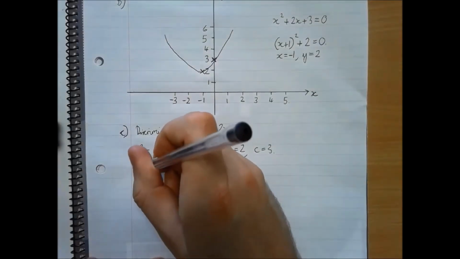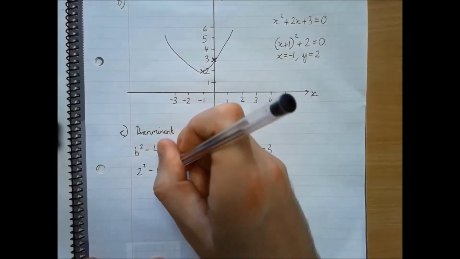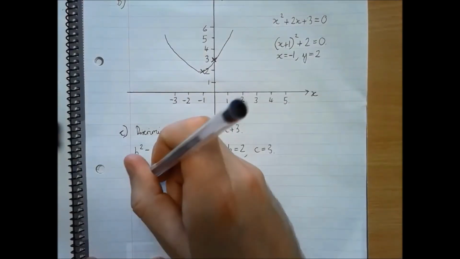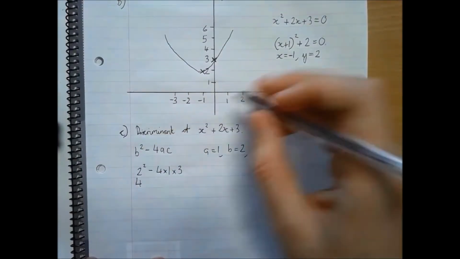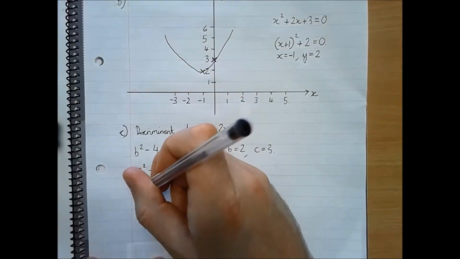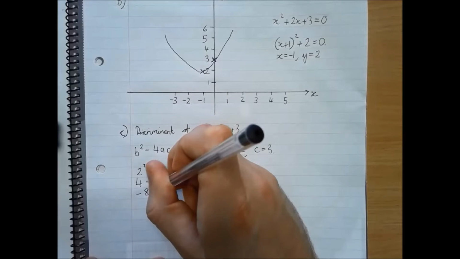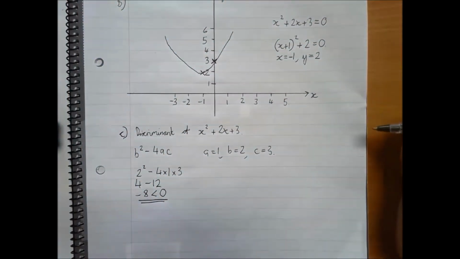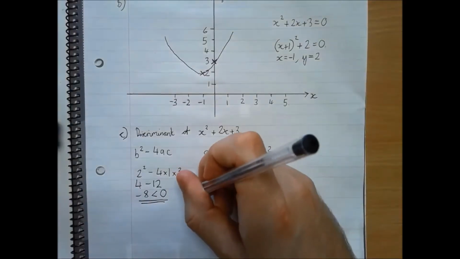So we can automatically plug it in here. We have 2 squared minus 4 times 1 times 3. So we have 4 minus 12. Of course 4 minus 12 gives minus 8, which is less than 0. And when it's less than 0, that means that there are no roots.